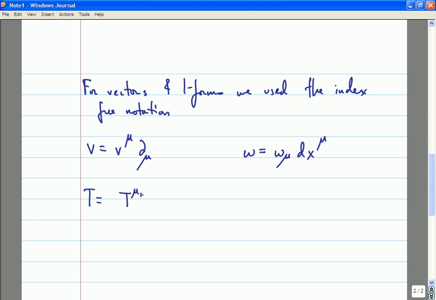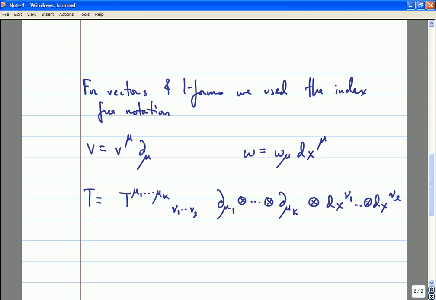So if you have a rank k comma L tensor with k upper indices and L lower indices, if you wanted to, you could think of that as some horrifying sort of object, which can be written in index-free notation as a combination of k derivatives and L infinitesimal displacements.